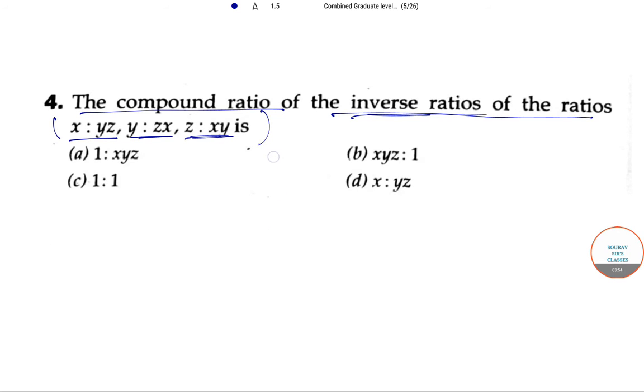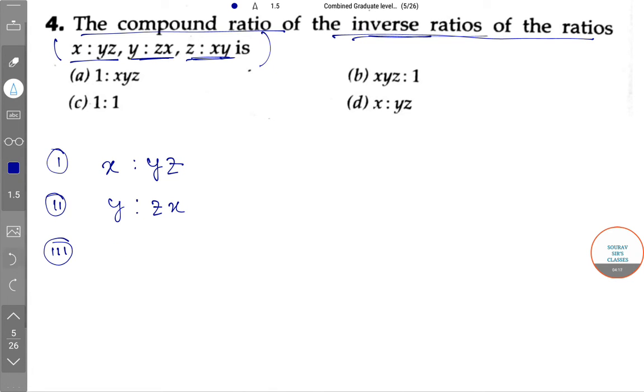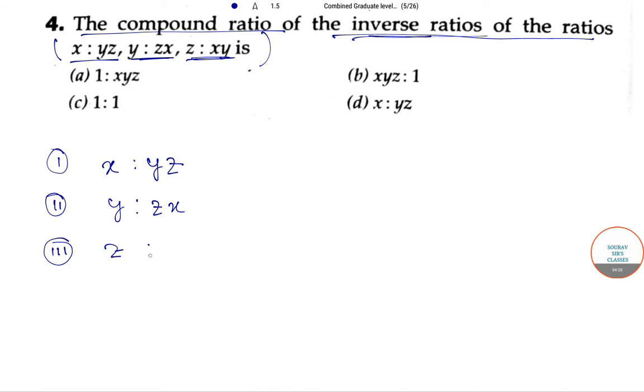Let's write again what we are given: X is to YZ, the second is Y is to ZX, the third one is Z is to XY, and we are first doing the inverse ratio.